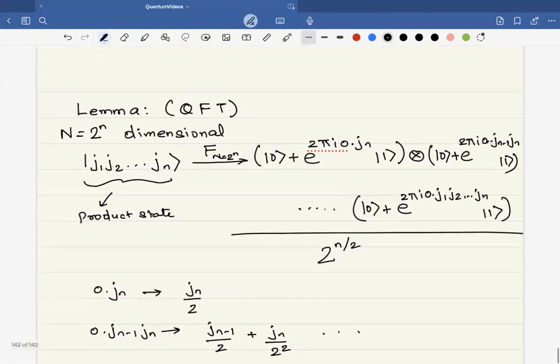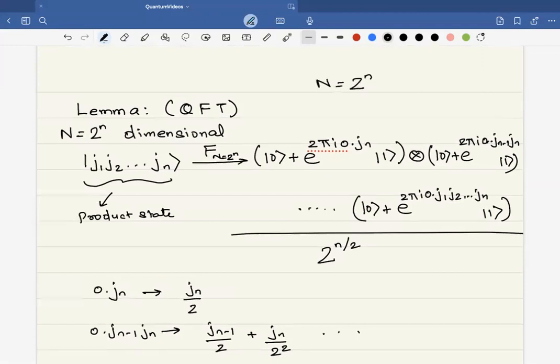Let's make sure that we have understood the statement of the lemma. So we have a capital N dimensional Fourier transform. I can represent the capital N basis vectors in terms of qubits, where little n is the number of qubits.